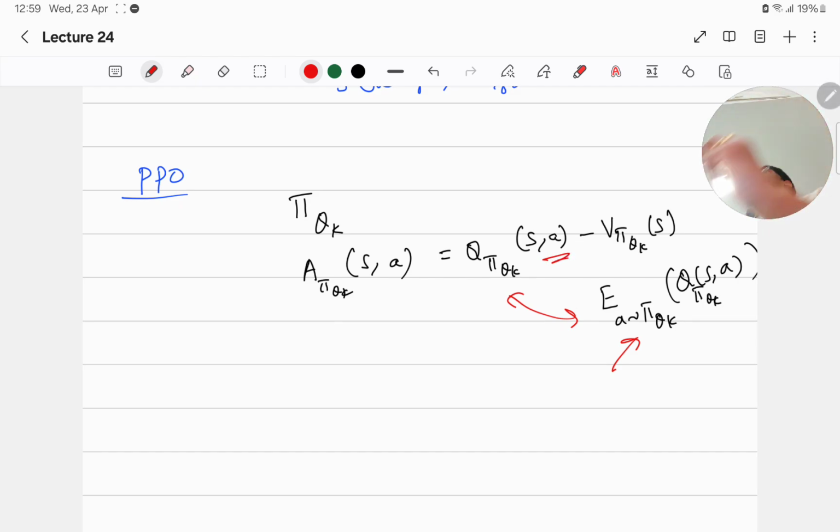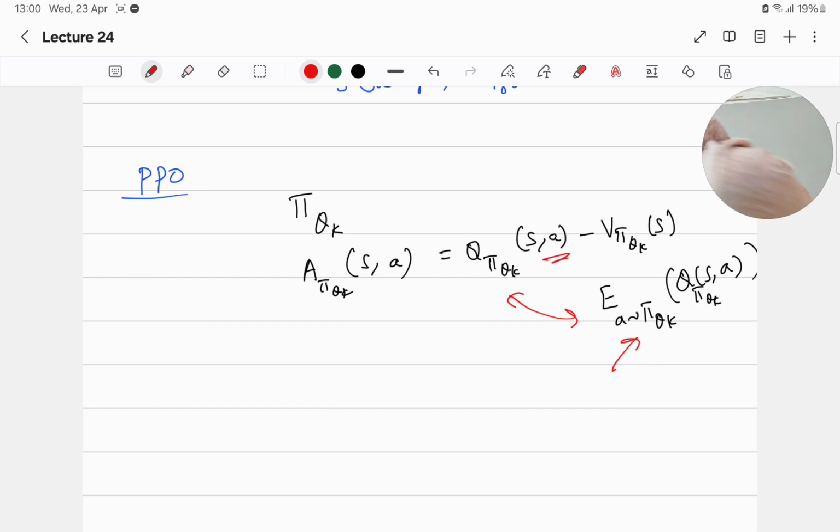If you deviate and take a different action and the deviation is good, this will be positive, because the action A is better than the average action suggested by the policy. It will be negative when the deviation is bad, meaning the action is worse than a typical action suggested by policy pi.